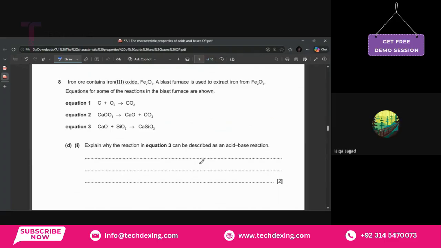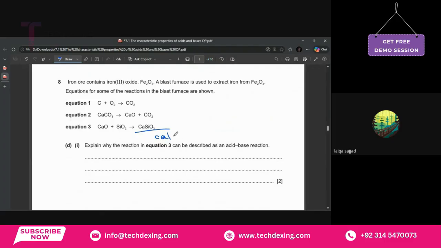In equation 3, we are reacting calcium oxide and silicon dioxide, and we are getting calcium silicate. So, why can it be described as an acid-base reaction? Because calcium oxide is a basic oxide and silicon dioxide is an acidic oxide.